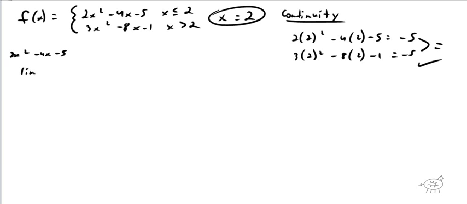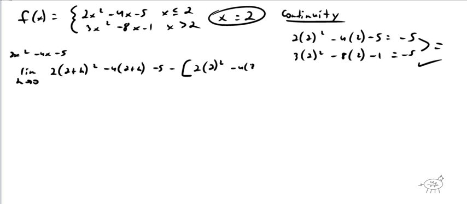So limit as h approaches 0. Remember that's going to be 2 plus h, right, because a is 2. So 2 times 2 plus h squared minus 4 times 2 plus h minus 5 minus bracket, and then we're going to put a 2 in there, right? So 2 times 2 squared minus 4 times 2 minus 5, all over h.